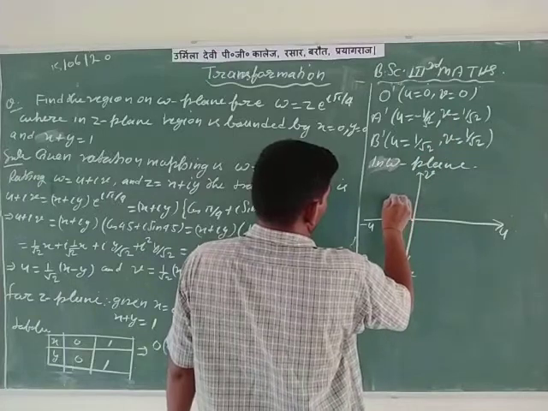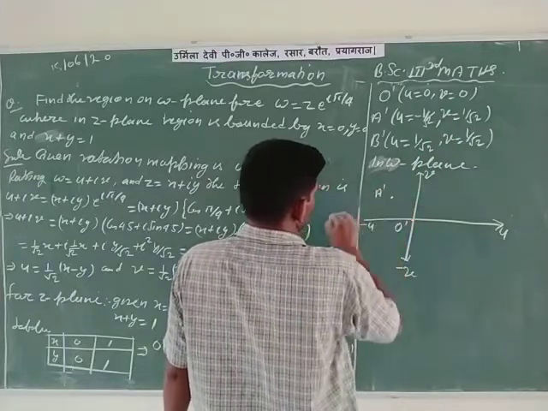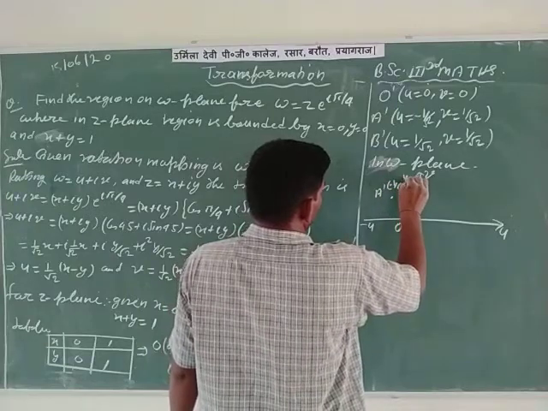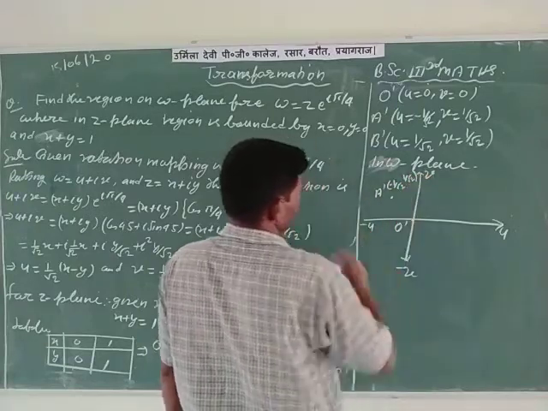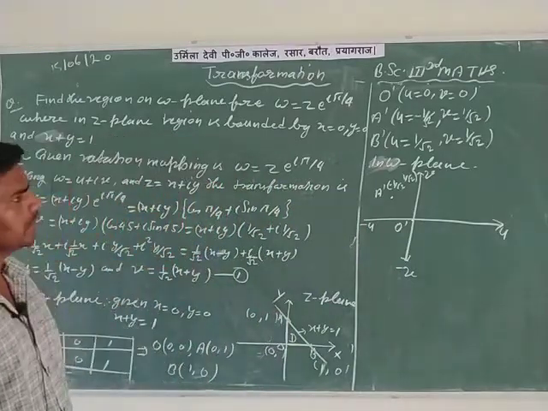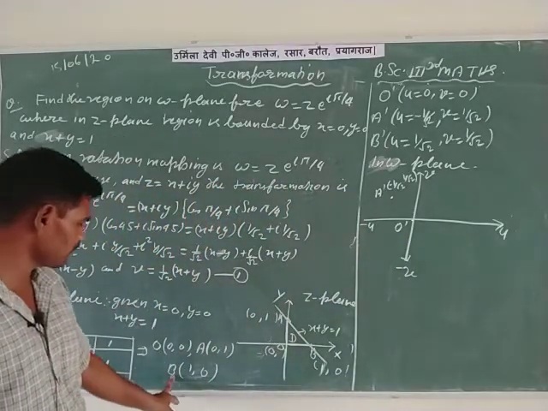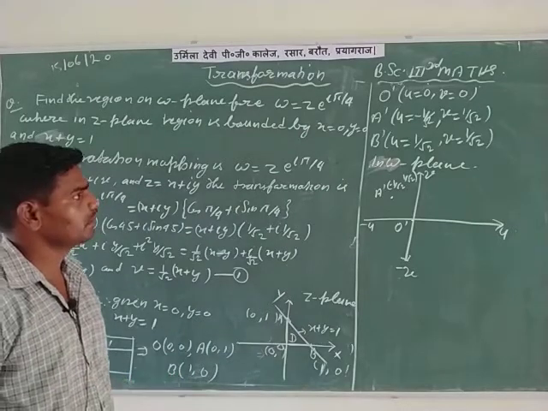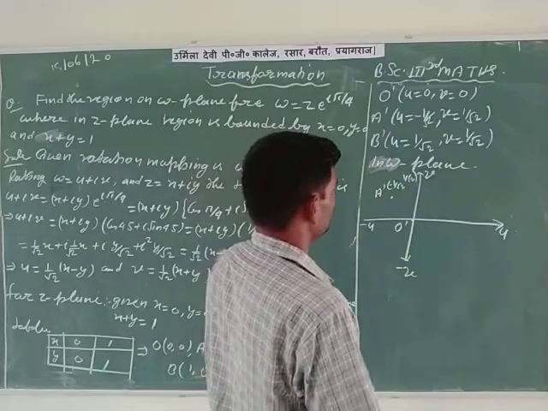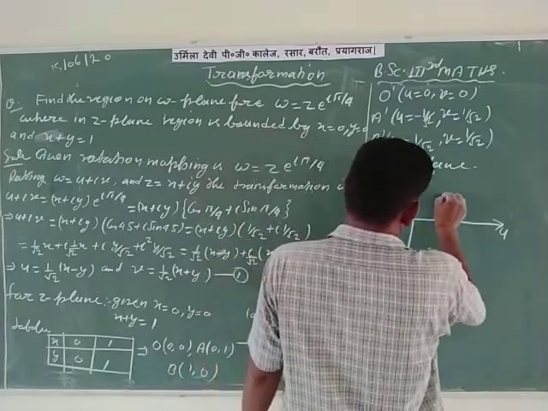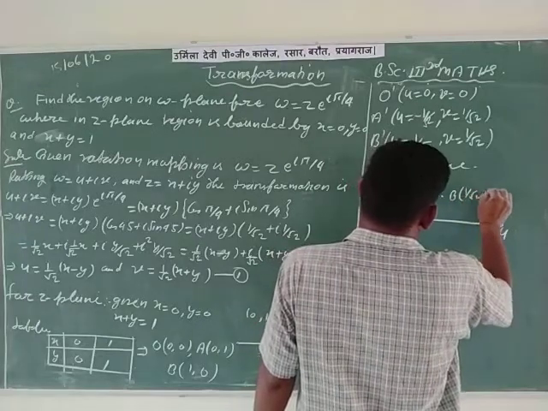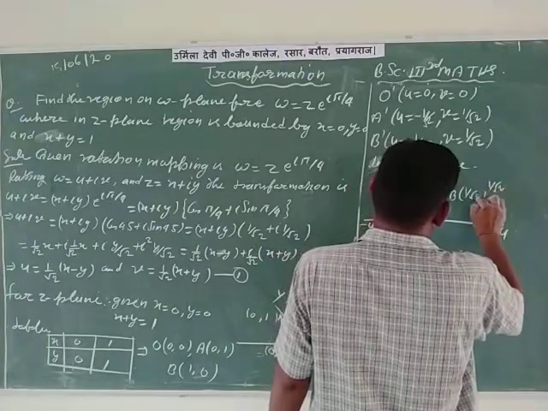Suppose this is point A dash, whose coordinates are minus 1 by under root 2 and 1 by under root 2. At last, point capital B dash corresponding to the point capital B in the Z plane. B dash coordinates are 1 by under root 2 and 1 by under root 2, so this is denoted by B dash.